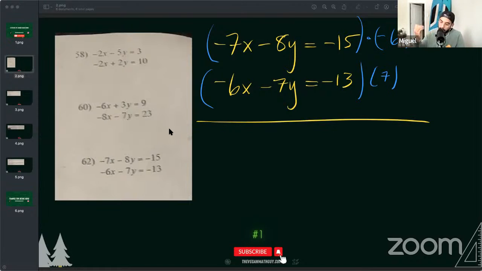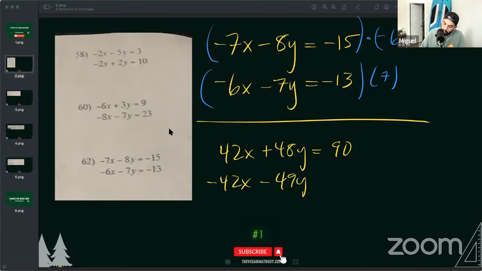The first equation, I am distributing the -6 to both sides, and that becomes 42x plus 48y is equal to 90. And then on the bottom equation, that's -42x minus 49y is equal to -91.